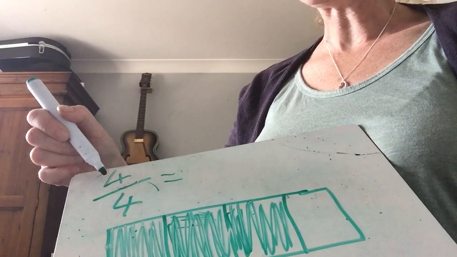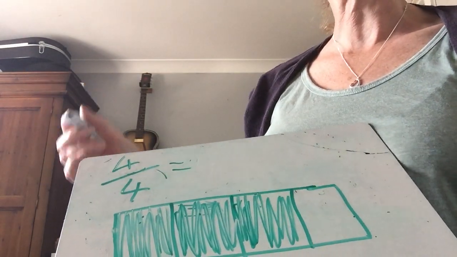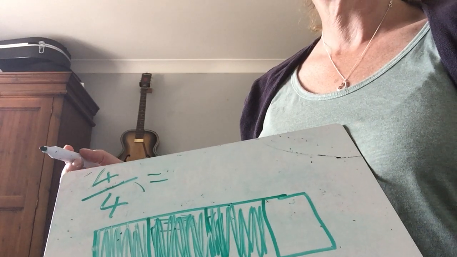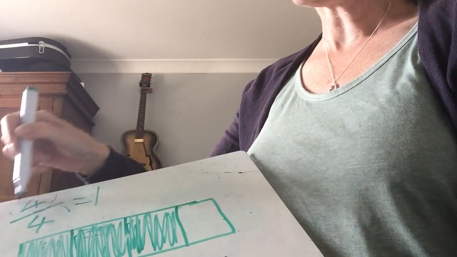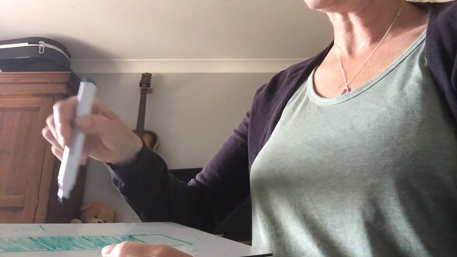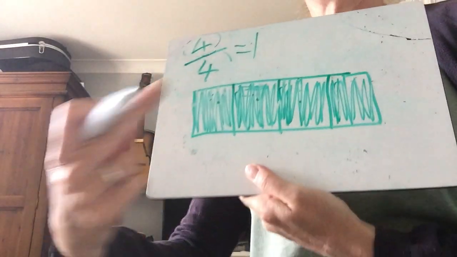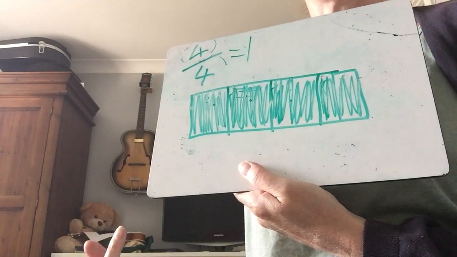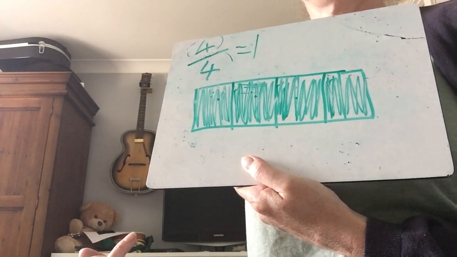So the two numbers, the top and the bottom, are the same. So what does that make it the same as? 1 whole. Okay, so you've got 1 whole. So you've got to shade 4 parts out of 4. 1, 2, 3, 4. 4 parts out of 4 is 1 whole. So you colour the whole thing, it is all shaded.